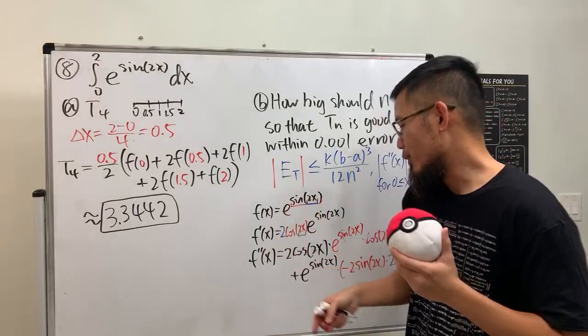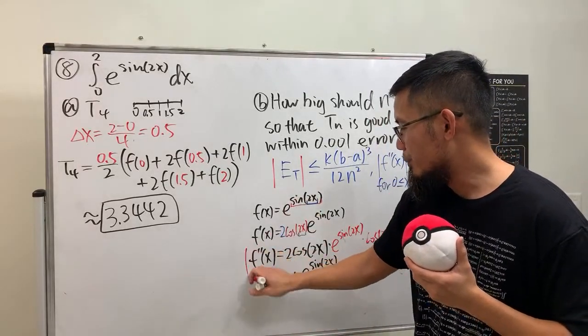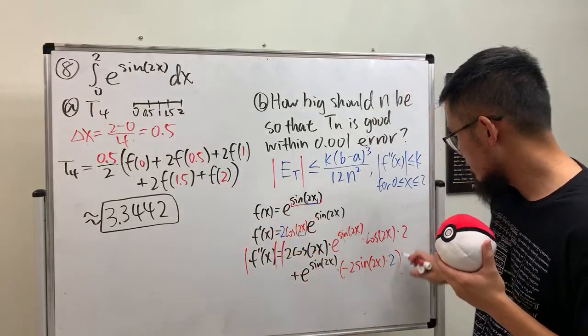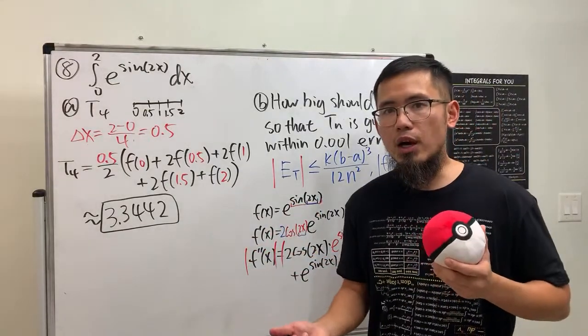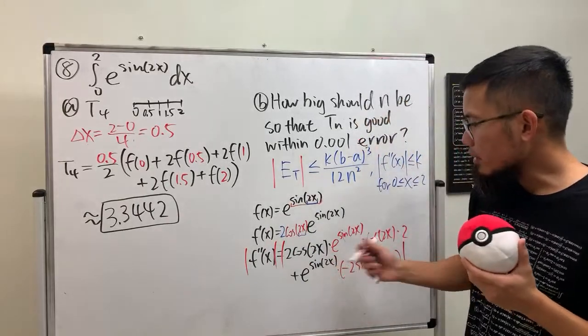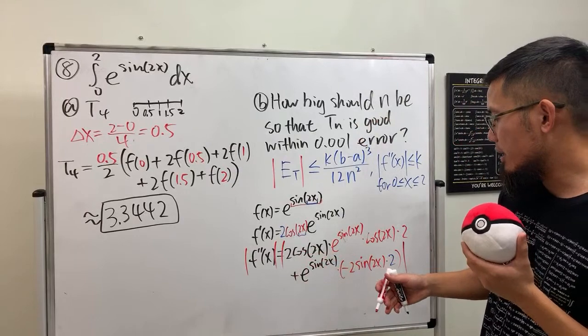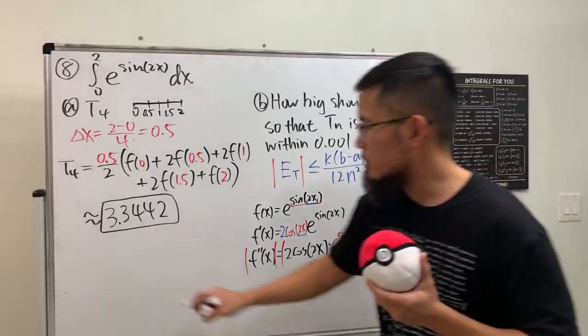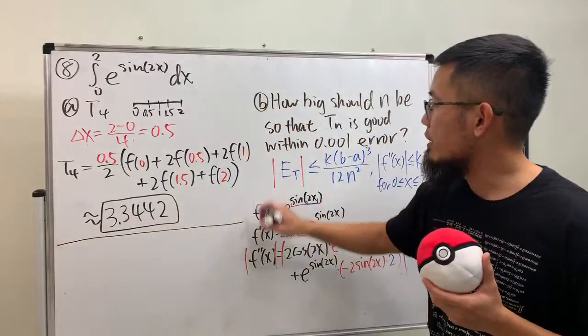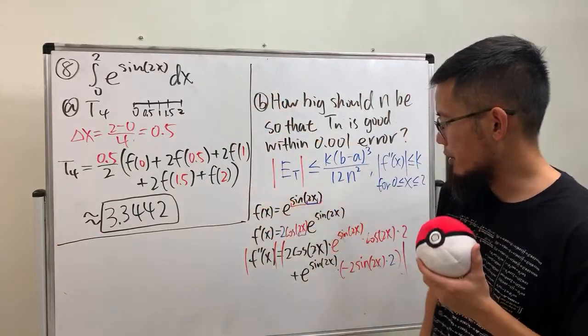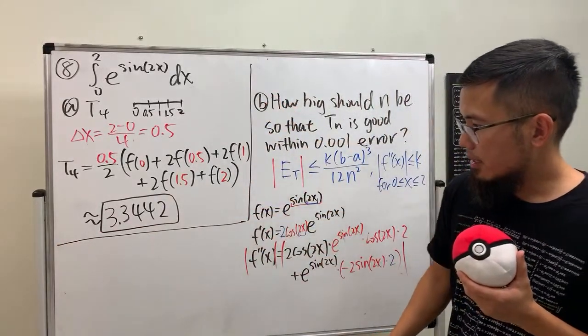It's up to you though, because all we have to do is put this in the absolute value and use a graphing calculator, because that's what I told you guys in class. Use a graphing calculator to graph this, and then you'll be able to find out the maximum. So I'm going to put this down right here for you guys.